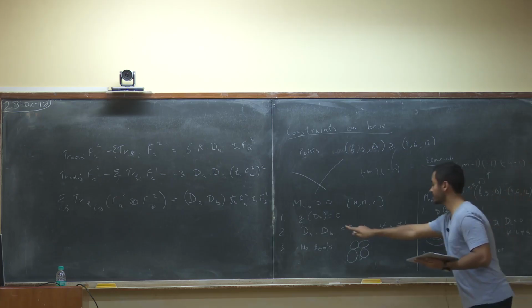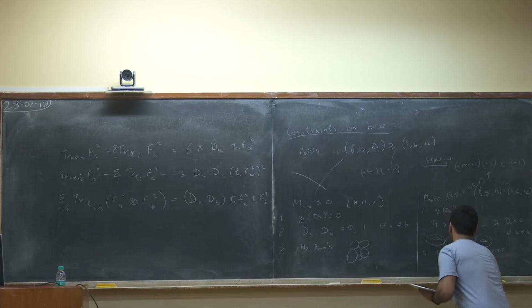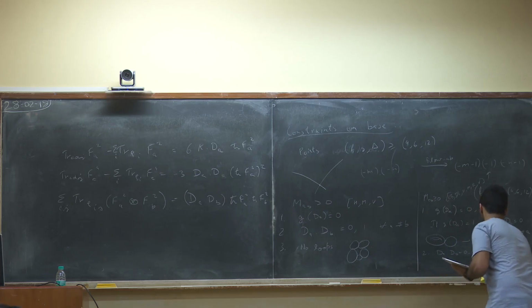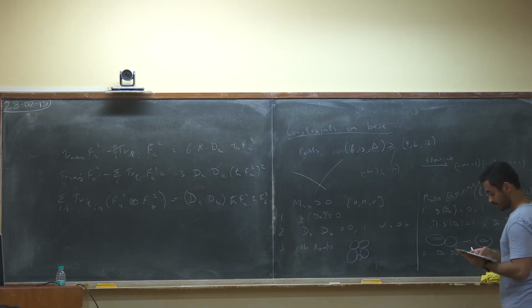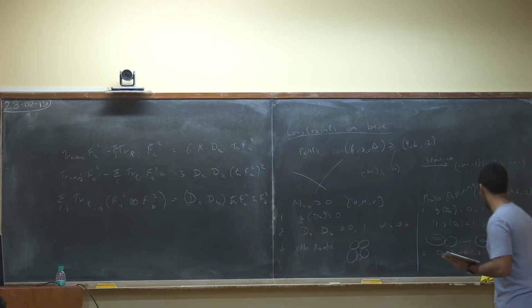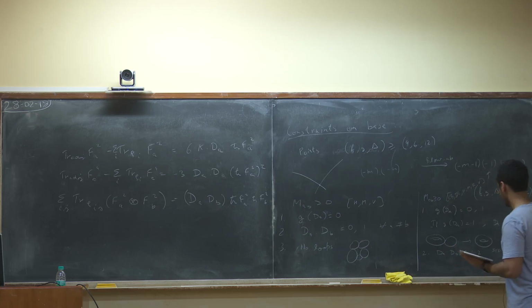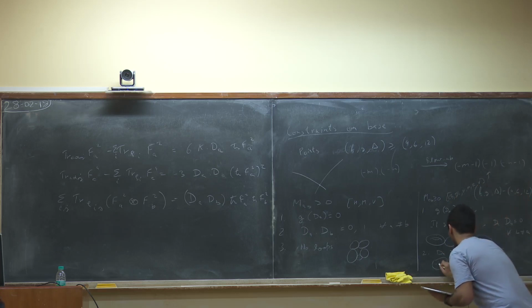Okay, and similarly for the second one, you can have dA.dB equal to 0, 1, or 2. And if you have a dA.dB equal to 2, again from tensor decoupling, there are only a finite number of cases which are possible. So they are basically a -2 curve intersecting a -2 curve.